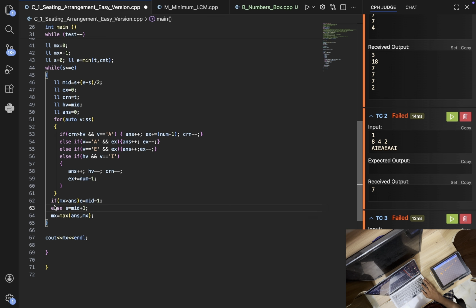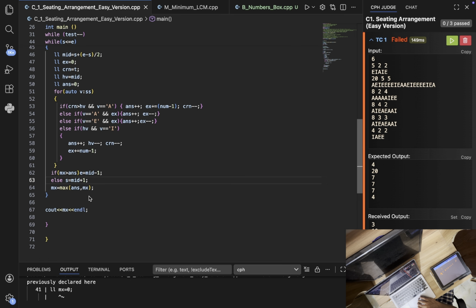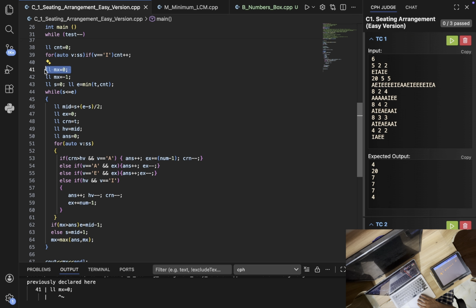If answer is small, this position is good. Mx equal to 0.